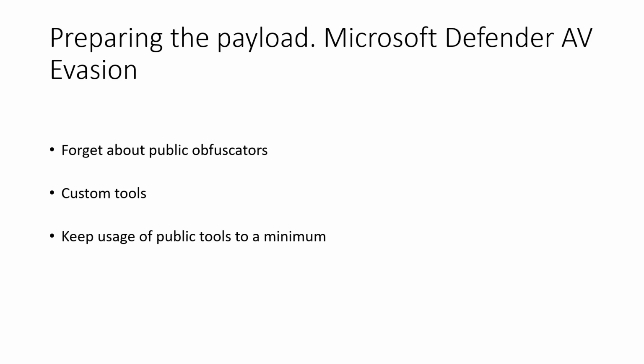Even Metasploit has its own evasion module. If you know them, believe me, Microsoft and other antivirus vendors know them too, and they know them very, very well. They know how to block them. They know how to block the decryption routine, so forget about those obfuscators. That will not work, not at all.